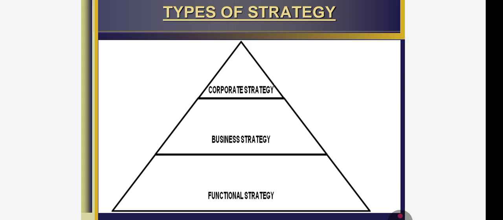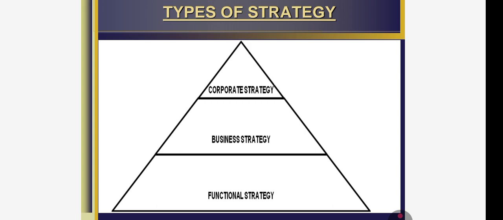And the last strategy is nothing but the functional level strategy. Otherwise, it is called department level strategy. If you take the functional level strategy, this deals with the various levels of operating divisions and departments. So, this deals with the issues faced by the functional level and related to the business process and value chain.